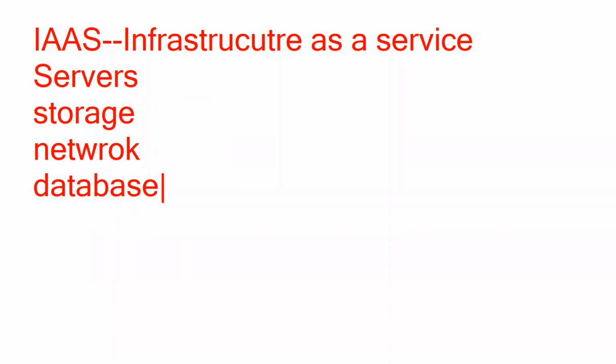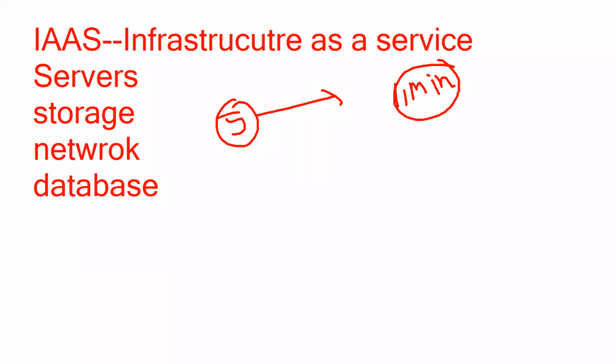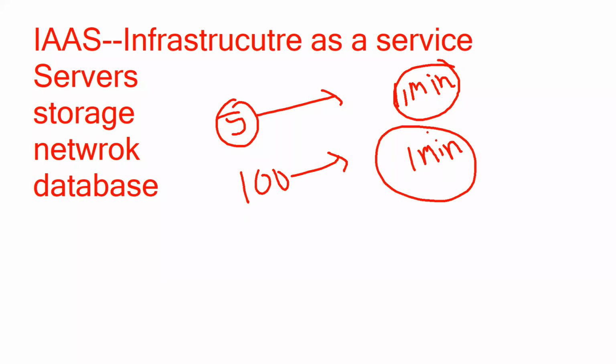These are infrastructure as a service. If you would like to build 5 servers, we can provision all 5 servers within a minute, not even 2 minutes. If you would like to build 100 servers, we can build all 100 servers within a minute.